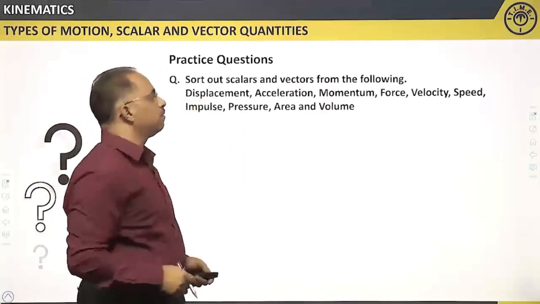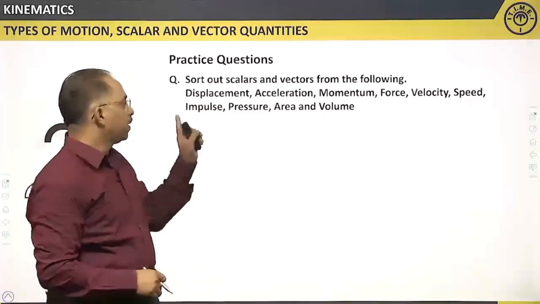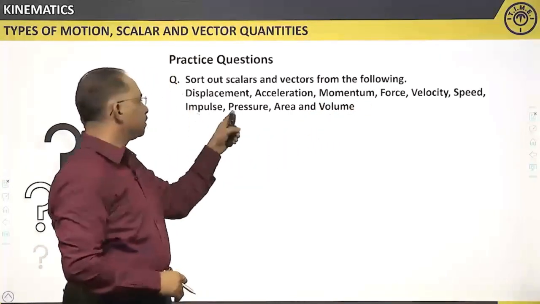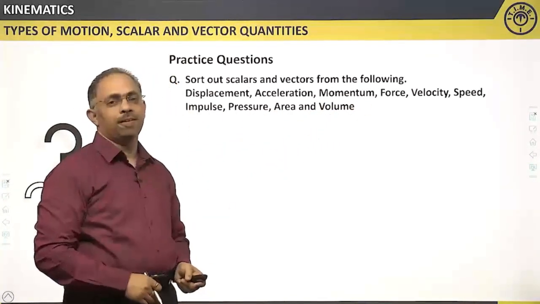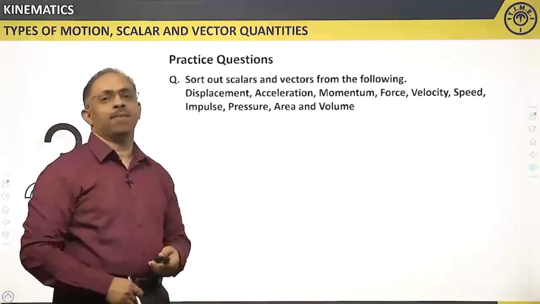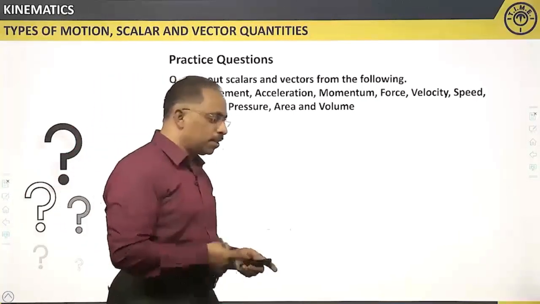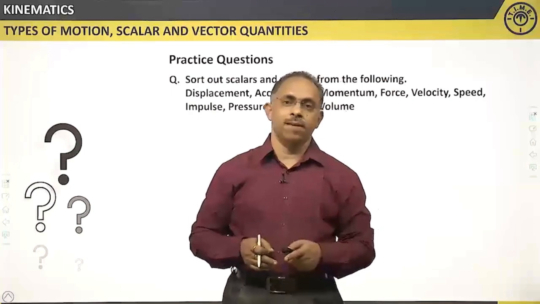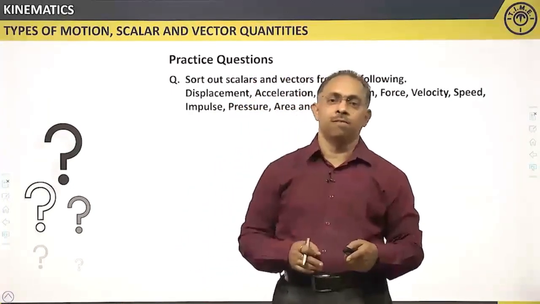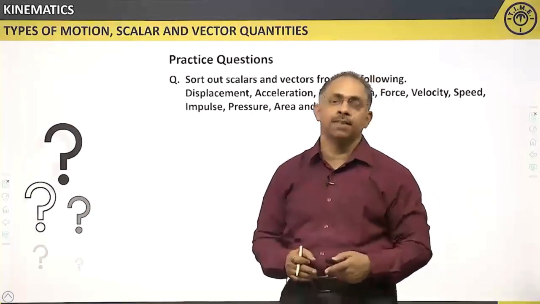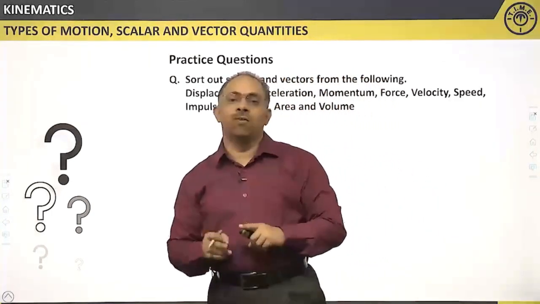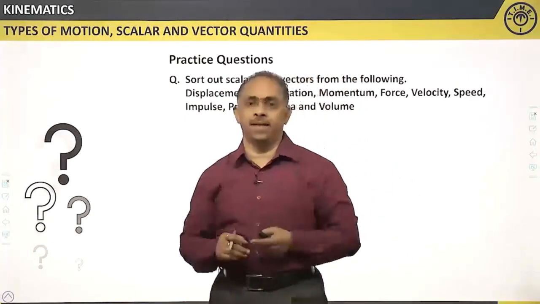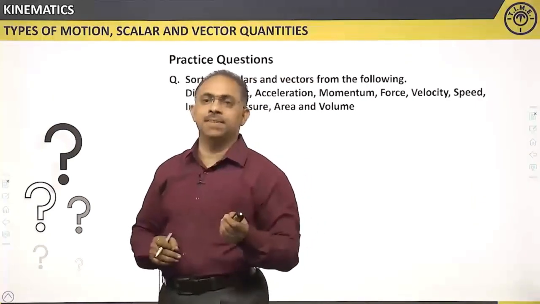Sort out scalars and vectors from the following: displacement, acceleration, momentum, force, velocity, speed, impulse, pressure, area, volume. Certain things are given here. To sort them into vectors and scalars, we need to identify which physical quantity requires both magnitude and direction to describe it completely, because that is the basis of a vector.